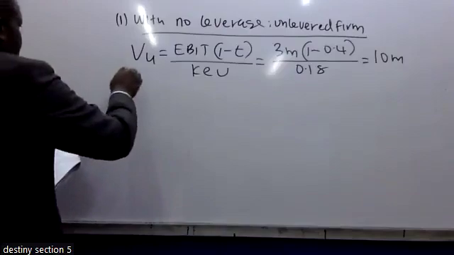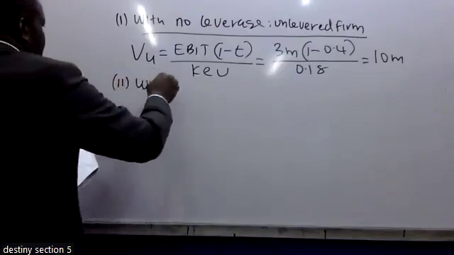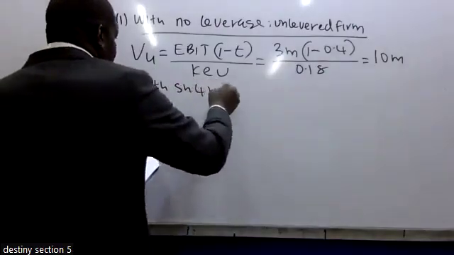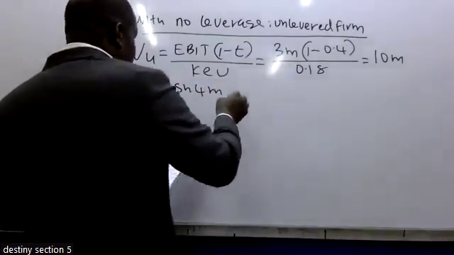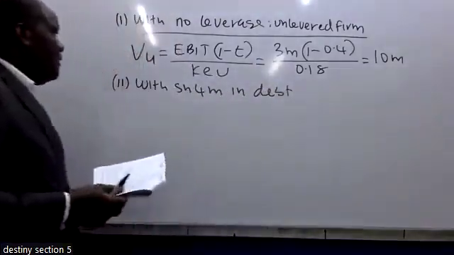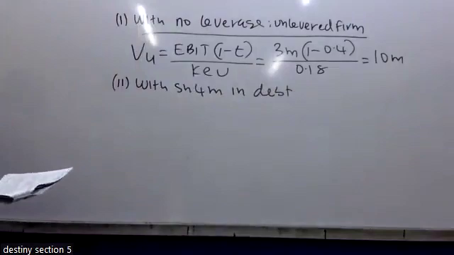So we go to Roman letter 2 with shillings 4 million in debt.